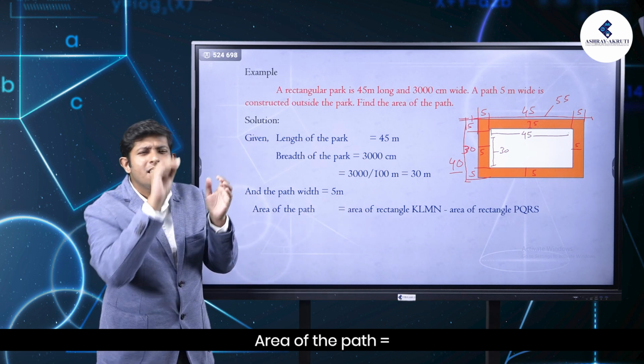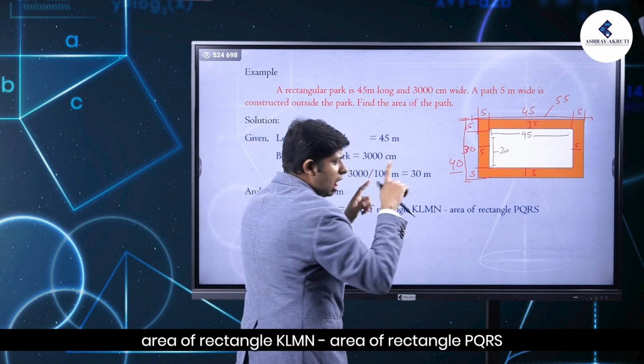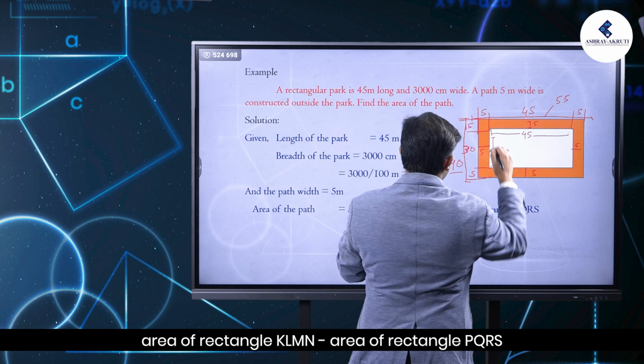Area of the path is equal to area of rectangle KLMN minus area of rectangle PQRS.